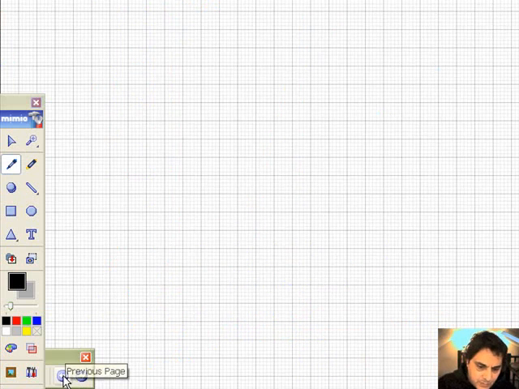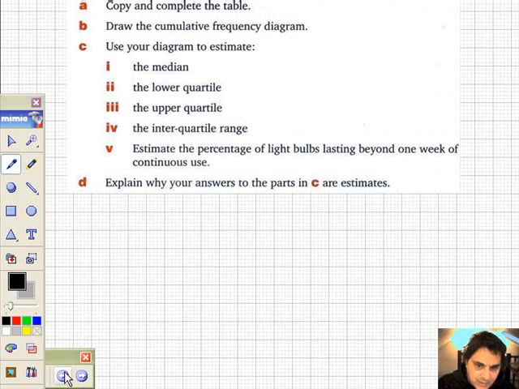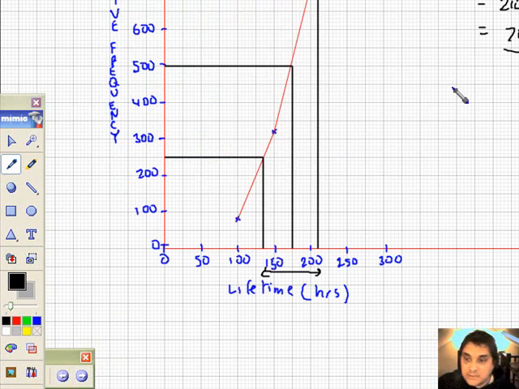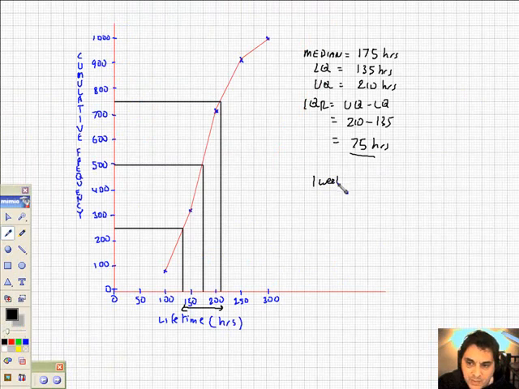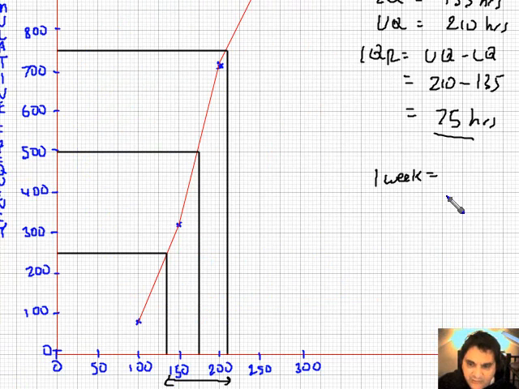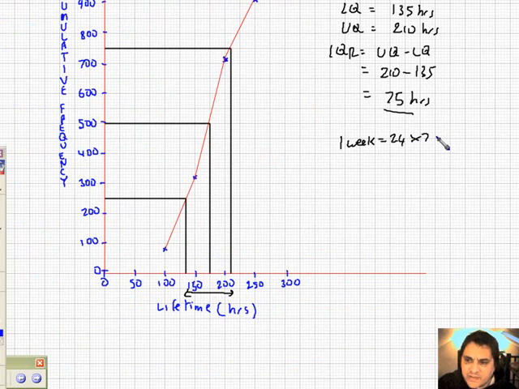Right, next question. It says, estimate the percentage of light bulbs lasting beyond 1 week of continuous use. Well, we've got this in hours, haven't we? So a week is going to be 24 hours a day and 7 days a week, assuming these light bulbs are on through the weekend. So continuous use, I've got 24 times 7, which is 168.